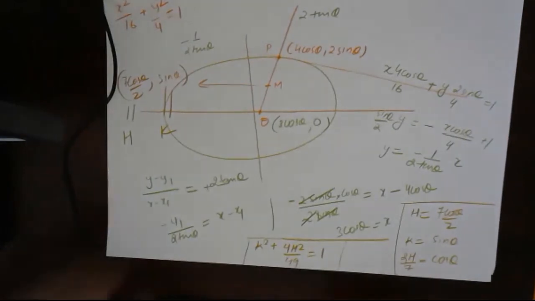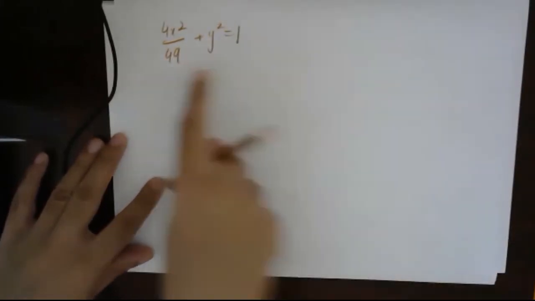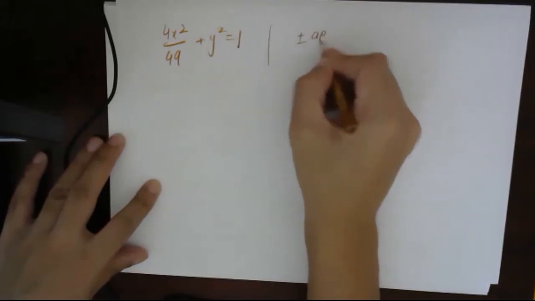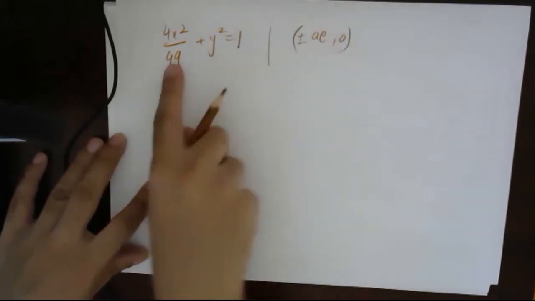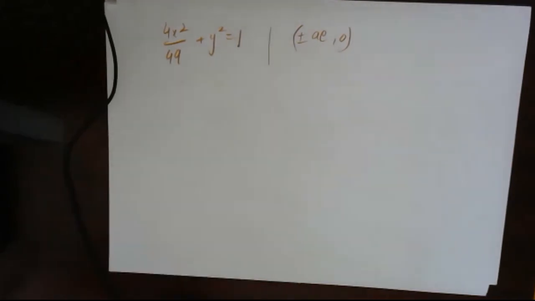So the locus I am getting as 4x square by 49 plus y square is equals to 1. I have to find the intersection of this with plus minus ae comma 0. Whatever y I will get, that will be the point of contact of this locus with the latus rectum. Understood?